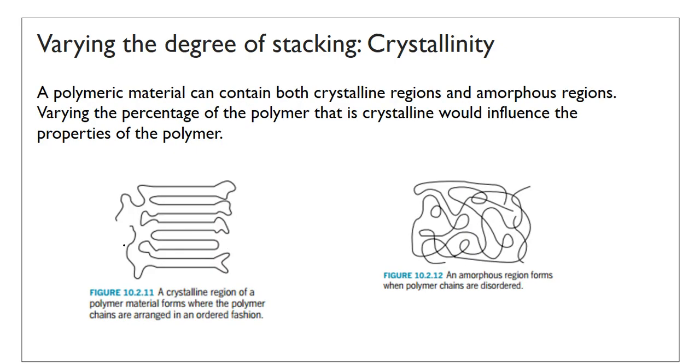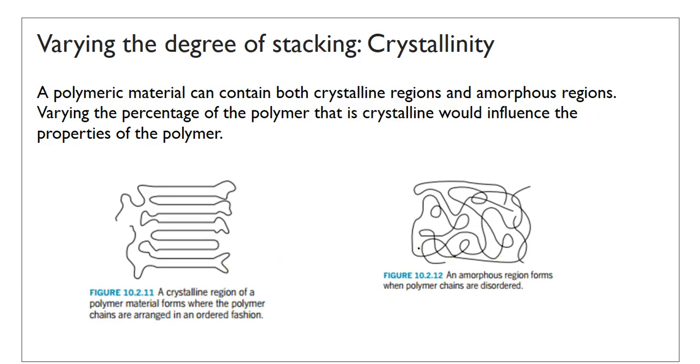The other interesting thing about a polymer is that most of the time you don't have a polymer that is 100% ordered or 100% random. Normally you have part of it that's a crystalline region and part of it that is an amorphous region.